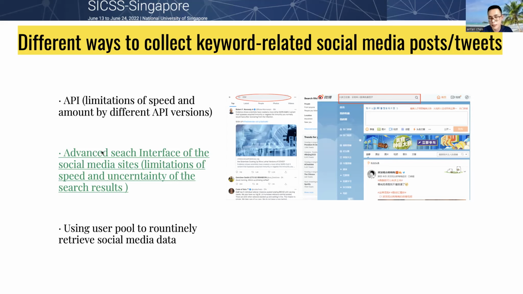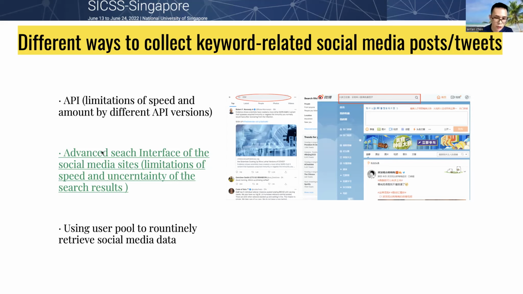Because it's a Chinese social media platform, what we should input is the Chinese characters. So it's NUS, or you can just input National University of Singapore, and you will see we get so many results.